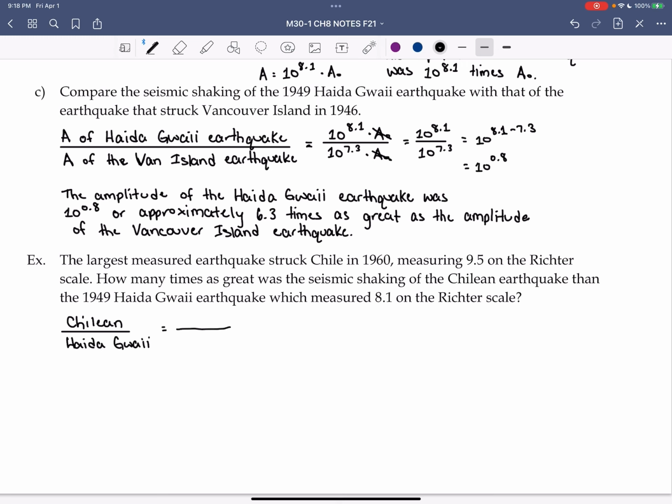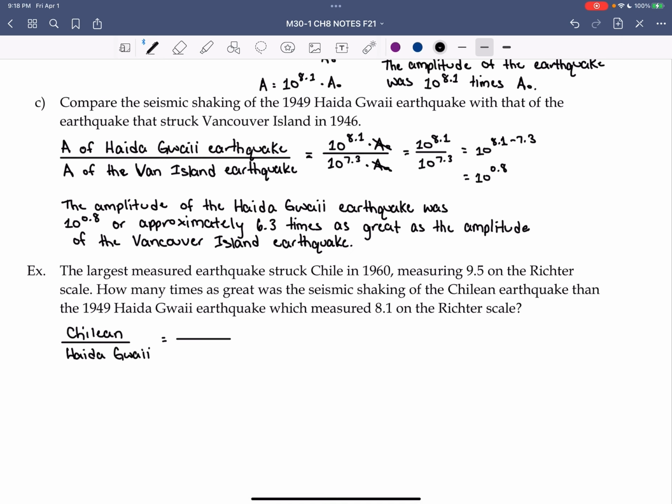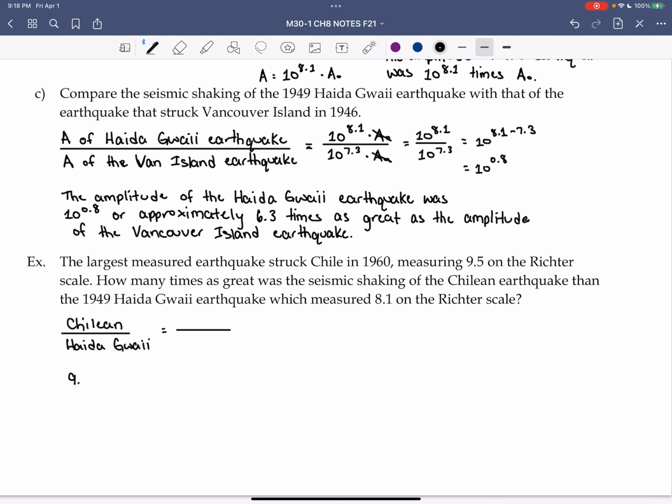The amplitude of the Chilean earthquake measured 9.5 on the Richter scale. So using our formula, we have 9.5 equals log base 10 of A over A0. Write this in exponential form. We get 10 to the power of 9.5 equals A over A0. And isolate A by multiplying both sides by A0.